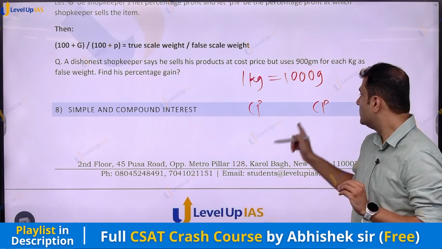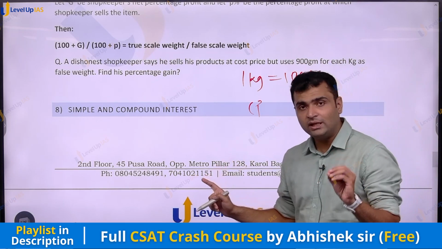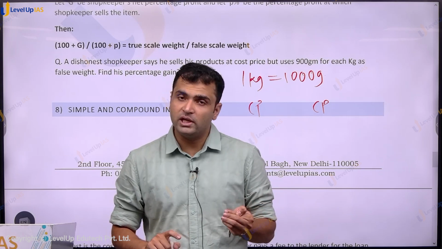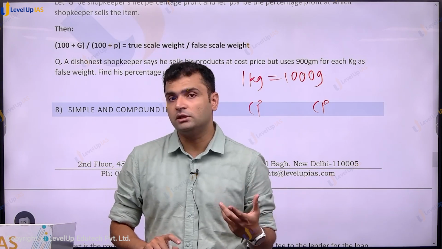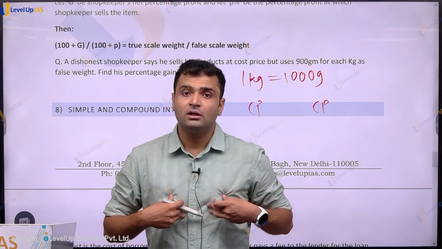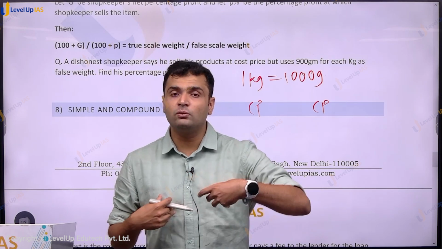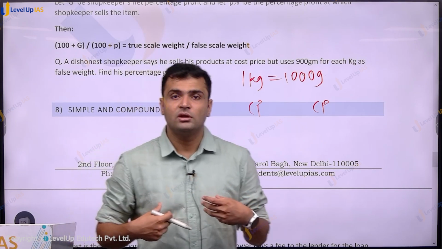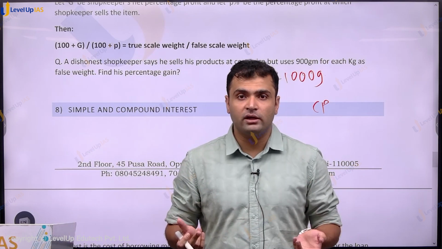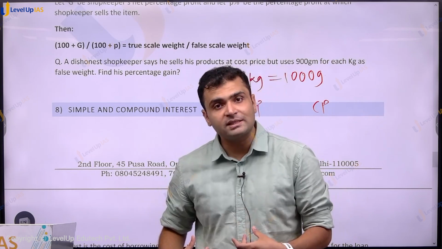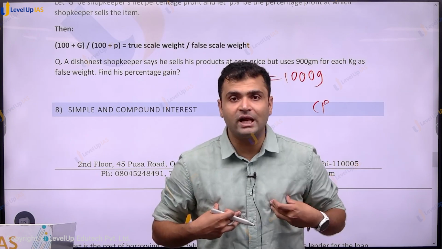But he's not actually selling 1000 grams. He is taking money from the customer, saying that I have sold you 1 kg, but actually he has sold only 900 grams. So his cost is not actually CP. Cost is less than CP, because he is selling only 900 grams.